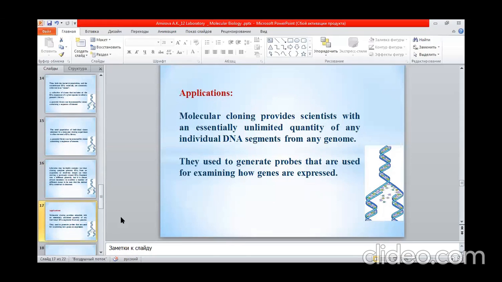Applications. Molecular cloning provides scientists with an essentially unlimited quantity of any individual DNA segments from any genome. They use it to generate probes that are used for examining how genes are expressed.